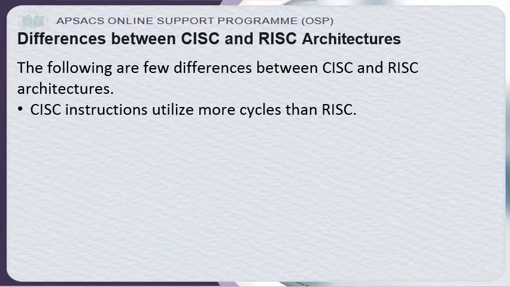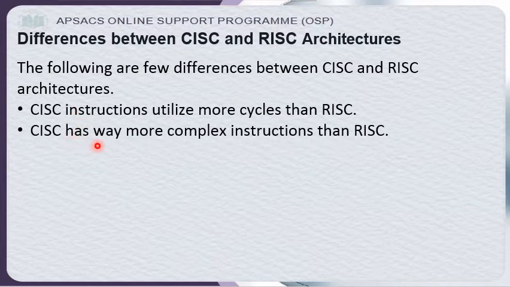If you remember, we have discussed that a RISC processor utilizes one cycle to execute an instruction, but CISC architecture utilizes more cycles to execute an instruction.